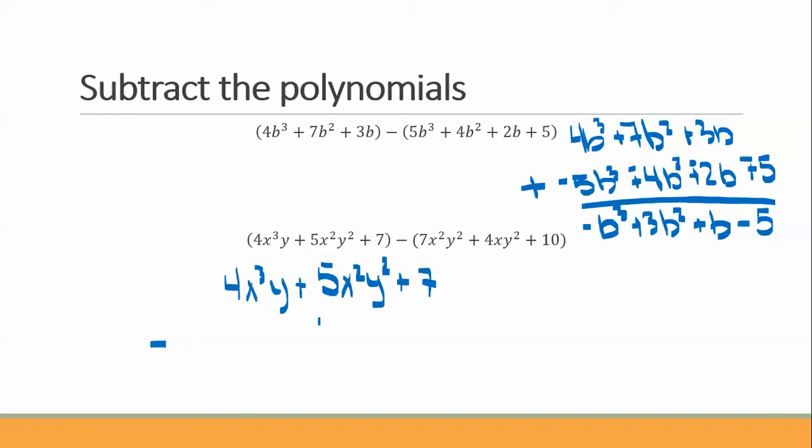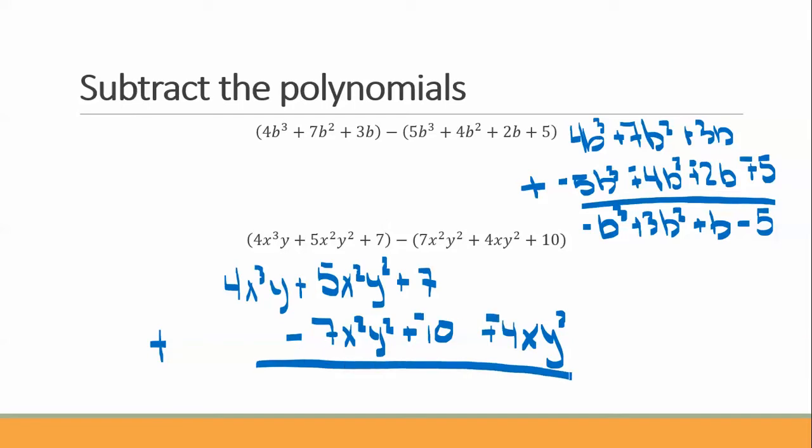So subtracting 7x squared y squared plus 4x y squared. Remember, we put it off to the side because these aren't the same like terms. And then plus 10, but we're subtracting here, so we're going to change that to a plus and change all of our other signs to minus.